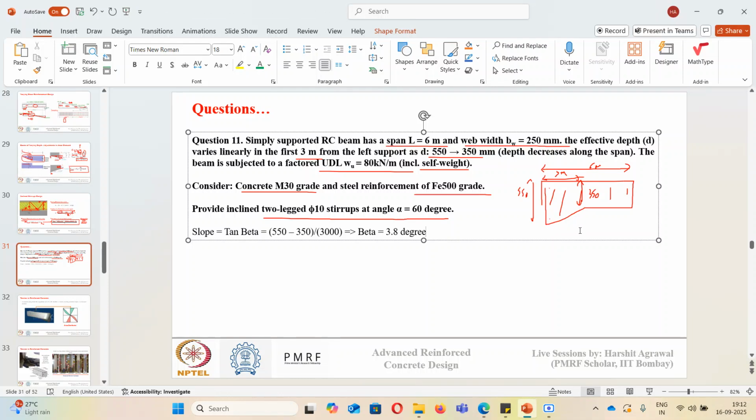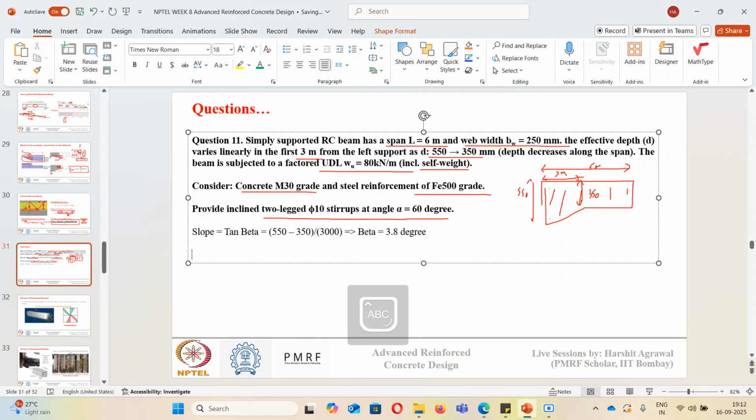Now as per IS 456, we need to design for the shear force corresponding to a distance d from the support.